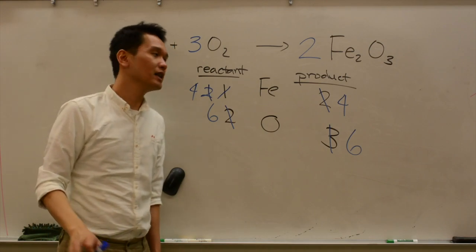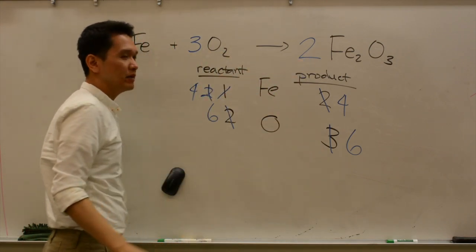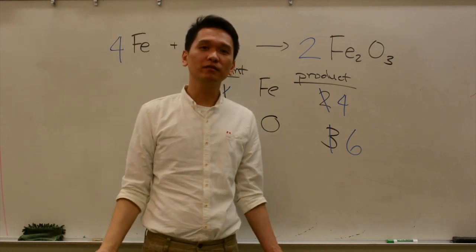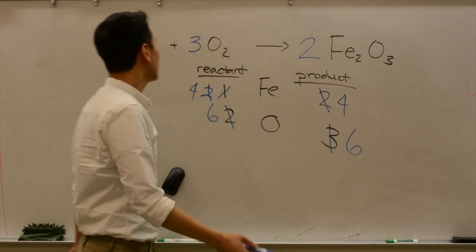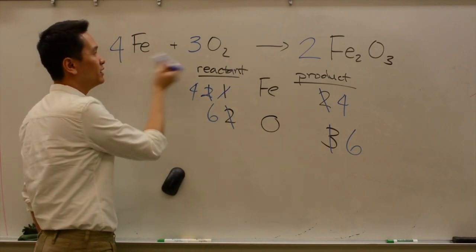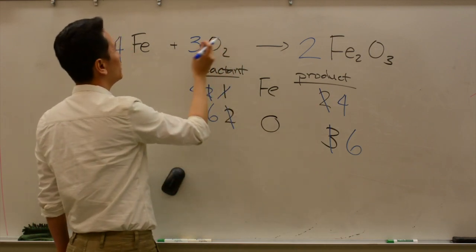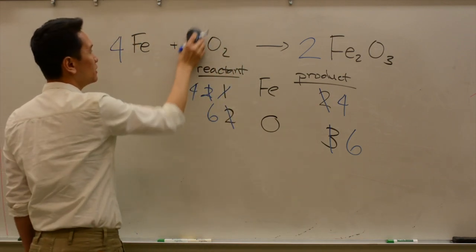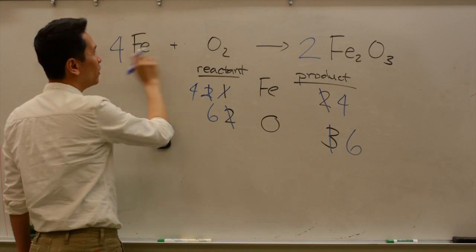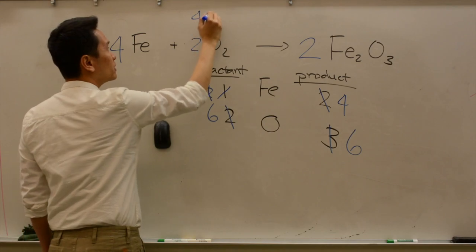The last thing you want to check is to see if these coefficients are the minimum ratio possible. And it seems like they are, 4 to 3 to 2. There's nothing you can divide that is common in all of those numbers. What I mean by that is, for example, and this is fake, right? If this was 4 to 2 to 2, the ratio is 4 to 2 to 2.